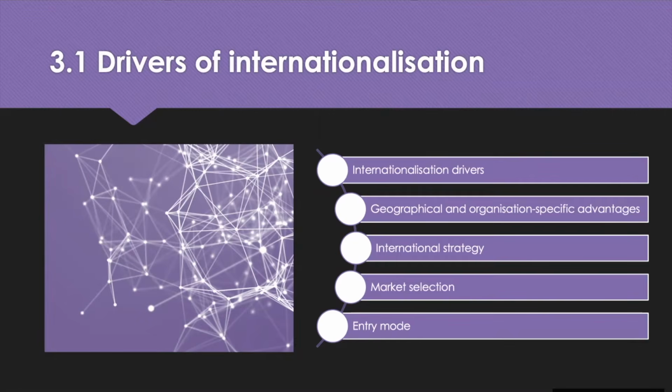And there are various strategic approaches that may be considered to move an organisation into international markets. The market selection happens after an organisation has decided on a broad approach to its international strategy. The next consideration is the selection of the markets it should prioritise. And then the entry mode is considered after the target countries have been selected. You need to consider how the organisation should enter each market.